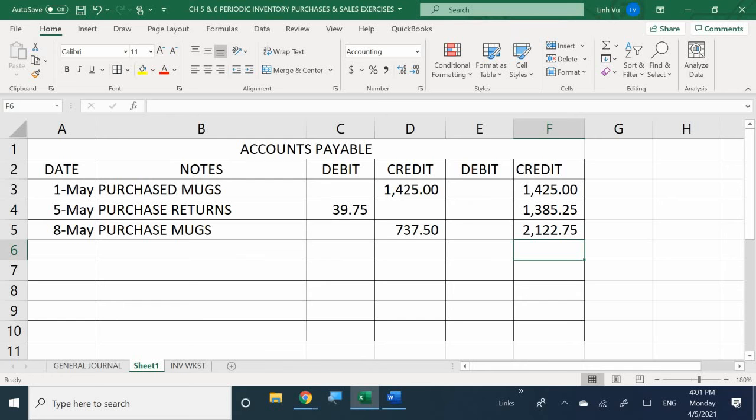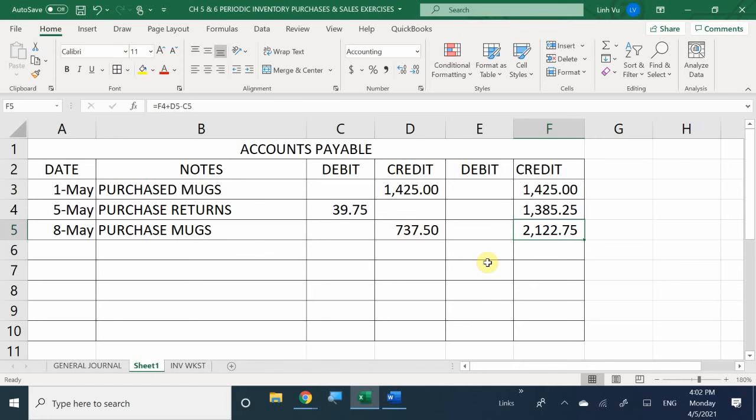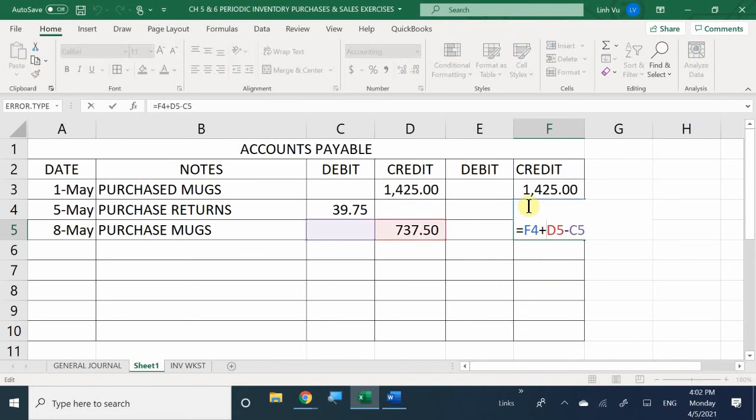Wait, can you go back to the formula that you used right now? So I took my previous amount, 1385.25, and I'm going to add anything that's a credit because credits increase my account.